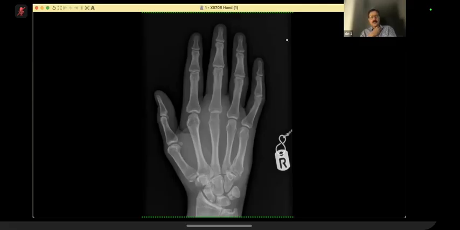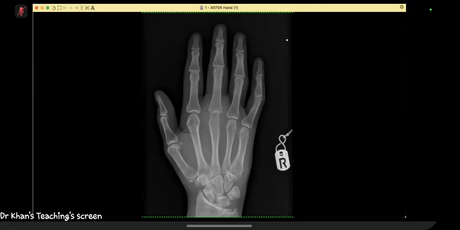The metacarpophalangeal joint of the ring finger is not seen very well, and there is a soft tissue swelling around it. I'm just concerned if this is dislocation, or if there is an underlying mass. I think there is also bone remodeling or scalloping of the head of the metacarpal of the middle finger. I will correlate with the other view, if possible.